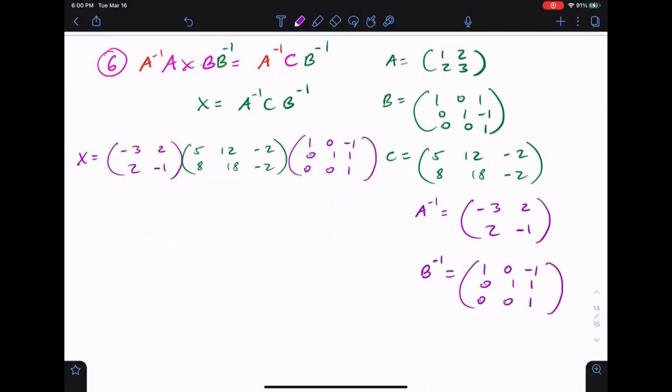Okay, so let's compute. Now we can put all these things in the calculator, right? So matrix, edit. So -3, 2, 2, -1. I'm done with that. Matrix, I need to edit this B. The B is 2 by 3. And I got 5, 12, -2, 8, 18, -2.